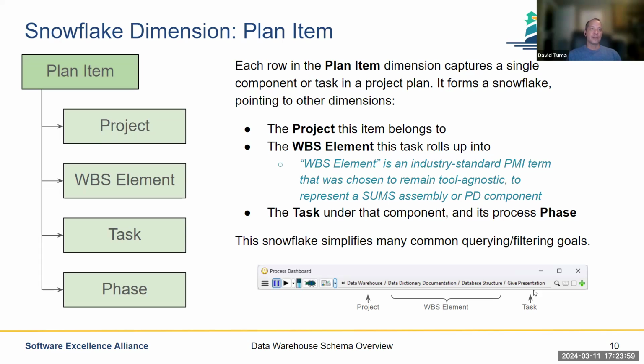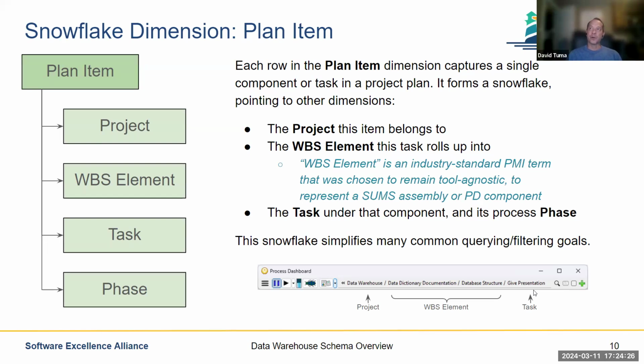So the way that we would map that to concepts that we're familiar with, if you were using the Excel spreadsheet from the SEI, the TSP spreadsheet, you had a SumS tab, and the SumS tab captured assemblies, and I guess parts. I can't remember what the difference was, but a SumS assembly would basically map into this WBS element concept.